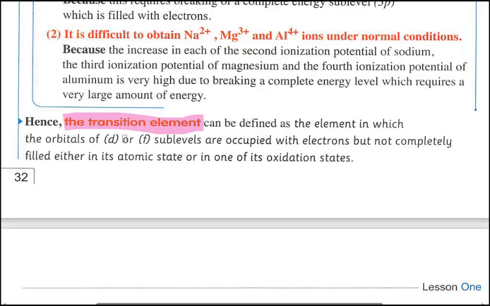So in general, when an element has electrons in the last d or f sublevel, and they are not completely filled in the atomic state or in one of its oxidation states, in this case it is a transition element. Try to memorize this: occupied but not completely filled. They are the elements in which electrons occupy the d or f sublevel but not completely filled. This is the transition element.